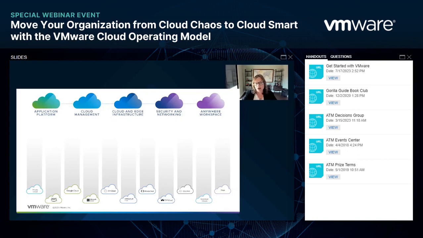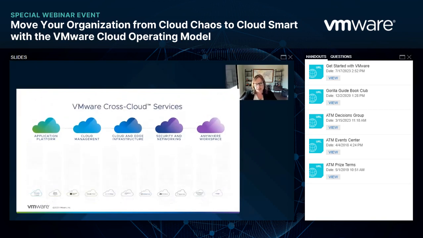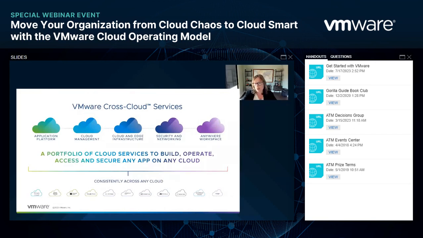And so these are the 5 pillars that we as an organization have talked to our customers about and determined are the most important areas where we can provide value, and where we have focused our efforts on building solutions to help customers be successful across clouds. And we call these our VMware Cross Cloud Services.